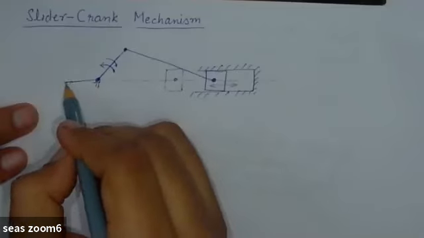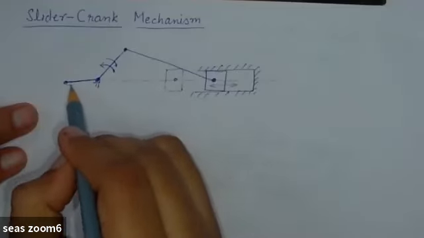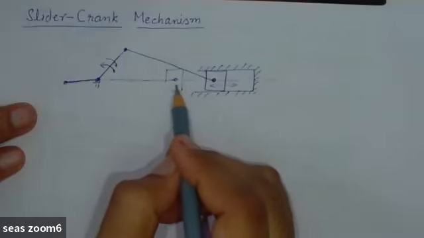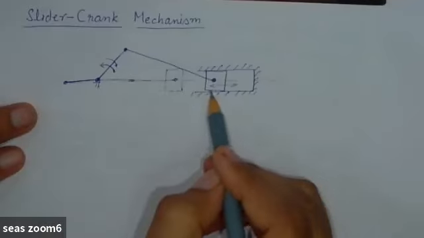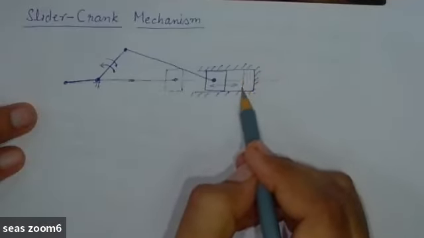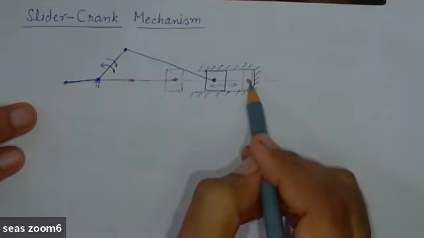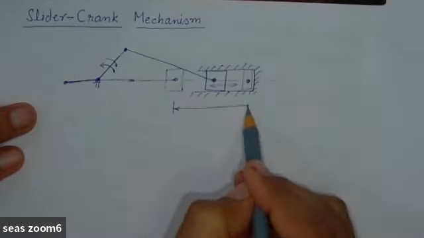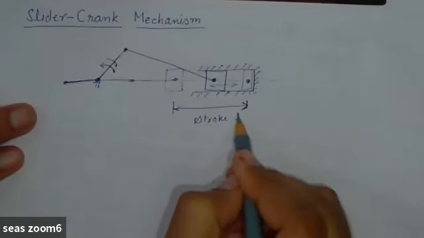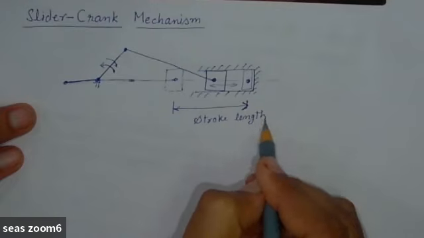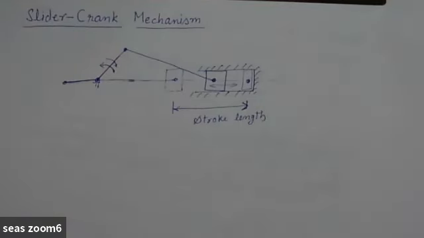If your crank is here and the connecting rod is collinear with it, and again when your crank is here, then the piston will be somewhat here. So the difference between these two limiting positions is called the stroke or stroke length. Stroke length is nothing but the distance between two limiting positions of the slider.